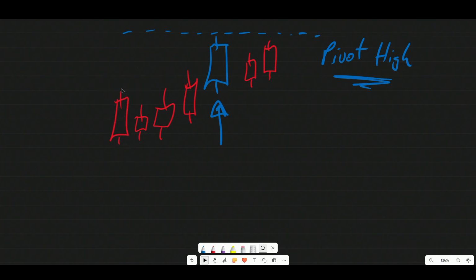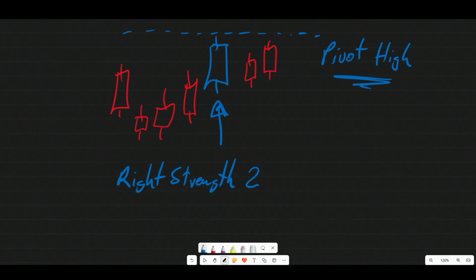This means if I move this bar here, the pattern will still be true because this high is higher than all these highs. Now, currently, this pivot has 4 bars to the left and 2 on the right. So the right strength is 2 and the left strength is 4. So this pivot requires 4 on the left, 2 on the right.